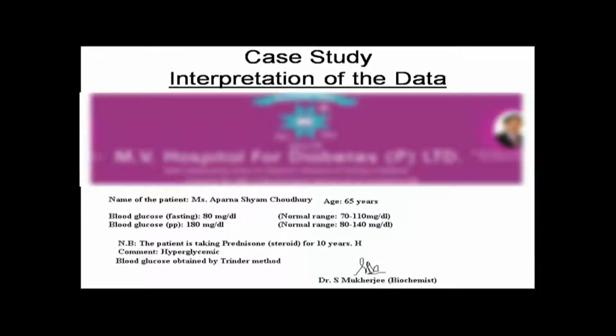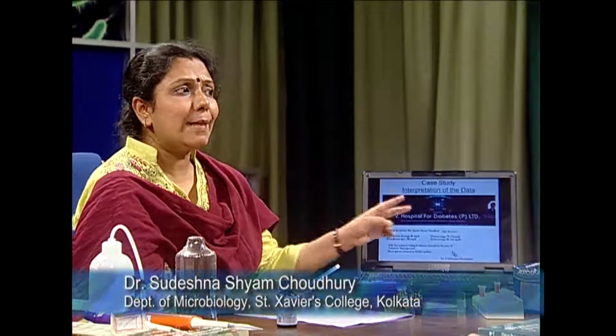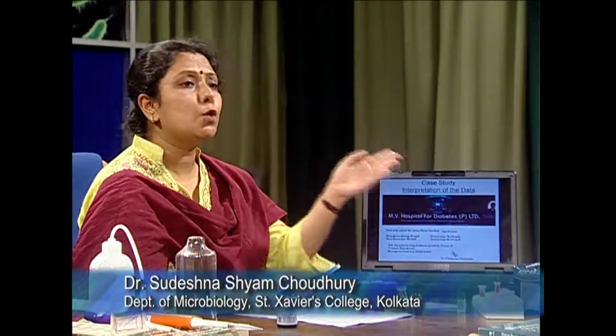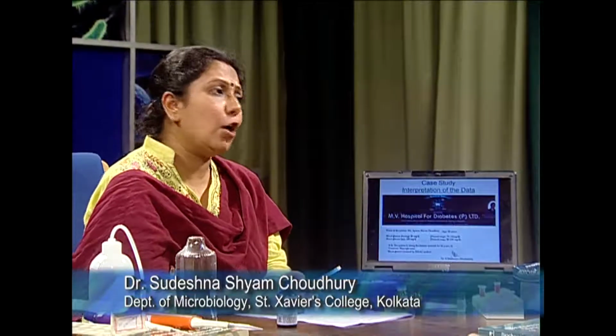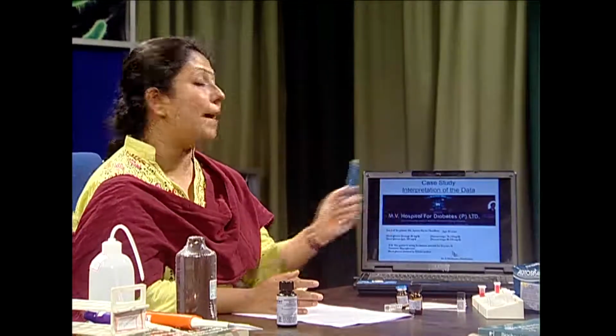An interesting thing I will show you. This is the prescription of one diabetes patient. It is very interesting that in fasting condition, she has a normal level of blood glucose. But after taking a meal, that is called the postprandial blood sugar level, we can follow the elevated blood sugar. Actually, this type of difference from the fasting to the postprandial level is not manifested by any other sugar estimation method, only by this method.